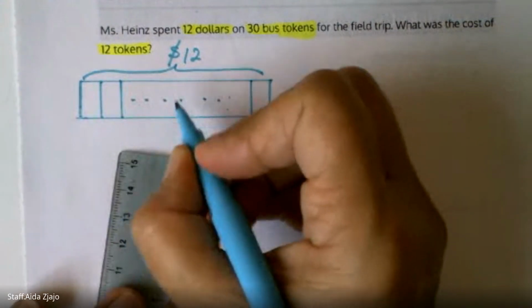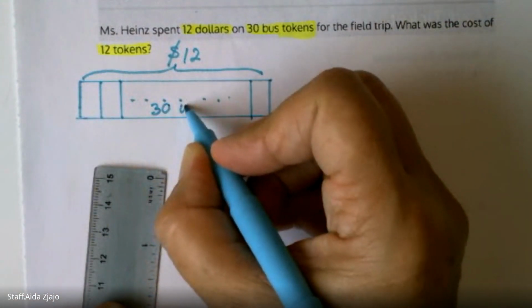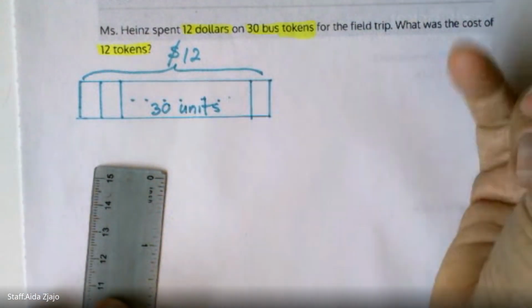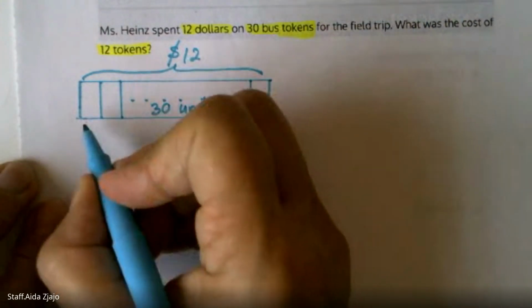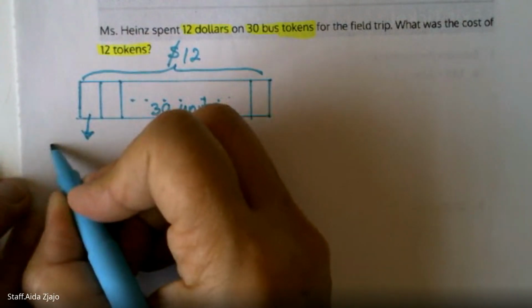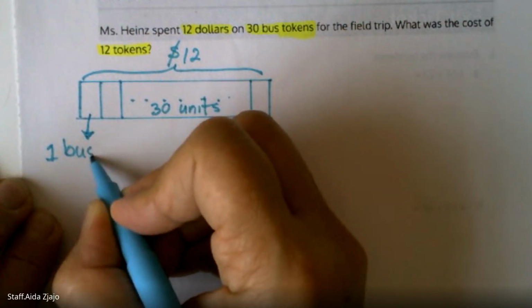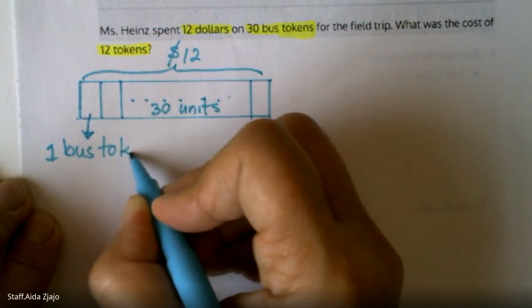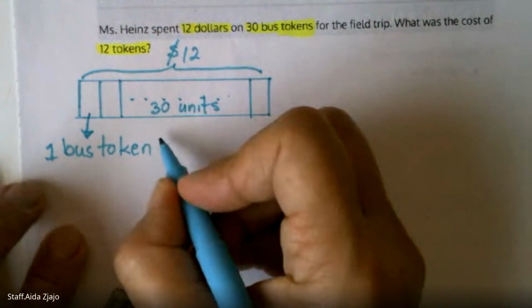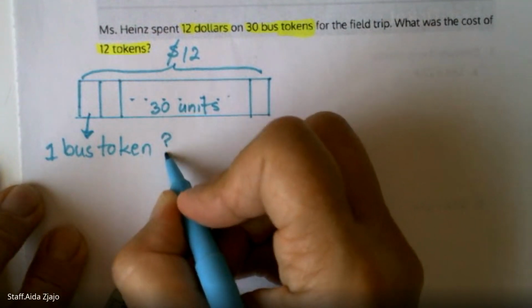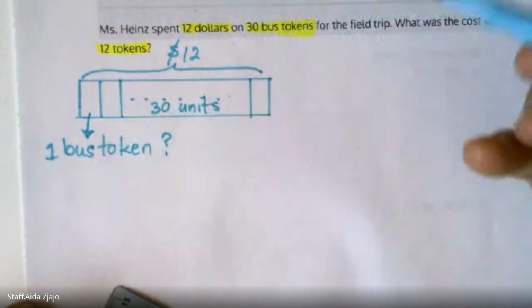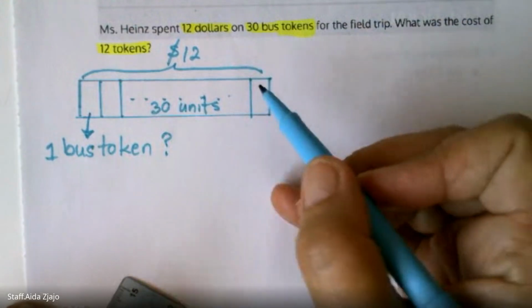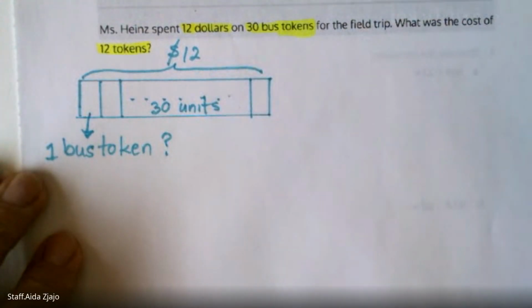Inside needs to be 30 units. So 1 unit represents one bus token, and that is what we don't know. It's a question mark. We don't know what one bus token costs, but we know that 30 of them is $12.